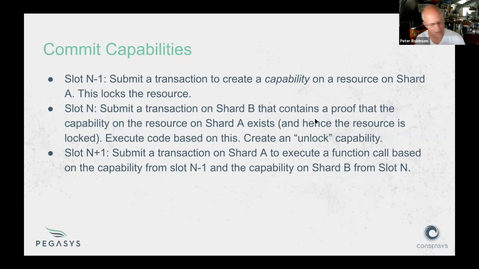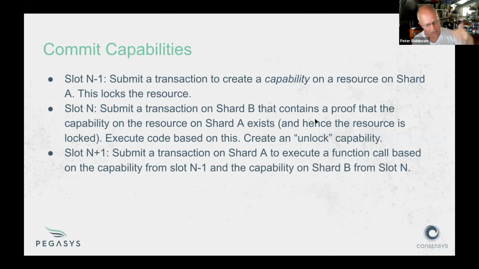And then on another shard in the next slot, you submit a transaction, and it contains a proof that that capability has been created in the state of the contract in that other shard, and that hence it's locked. And then you can execute some code that is done based on that capability being locked. And then you create an unlock capability.